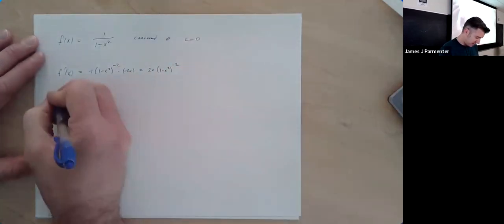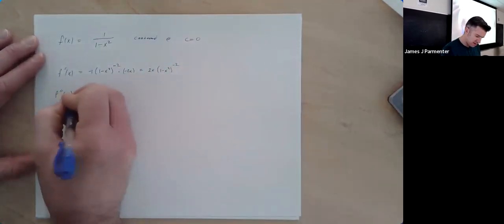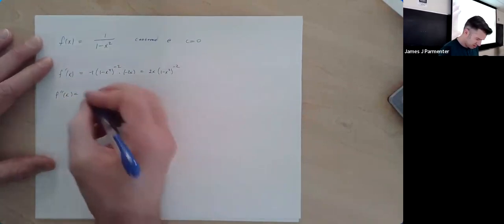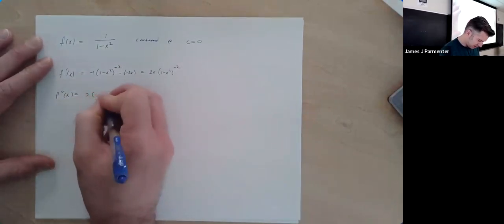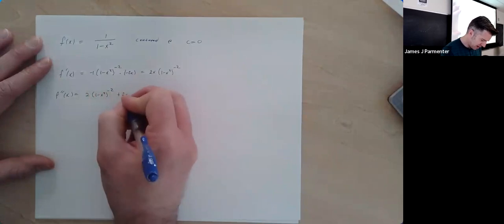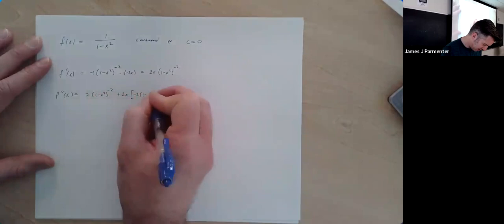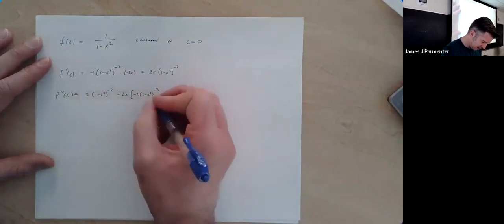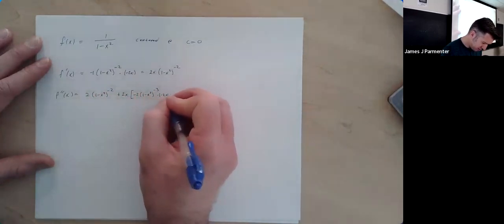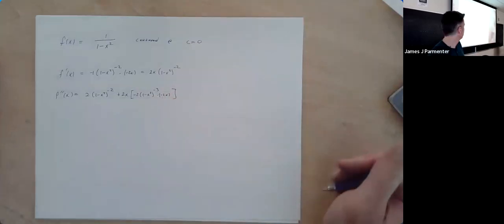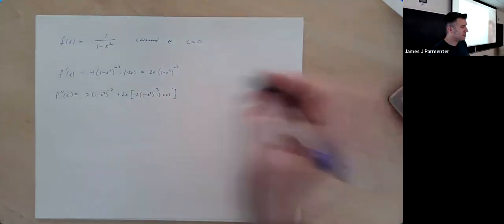And then my next derivative, already I want to cry. I don't want to do the product rule. 2 times (1 minus x squared) to the negative second plus 2x times negative 2 times (1 minus x squared) to the negative third times a negative 2x. Boo. And this is going to be just work, right?